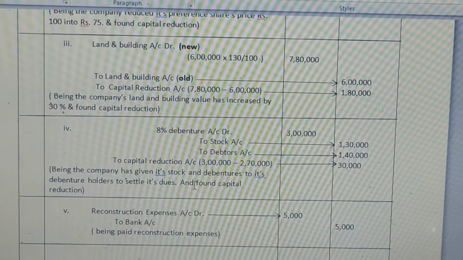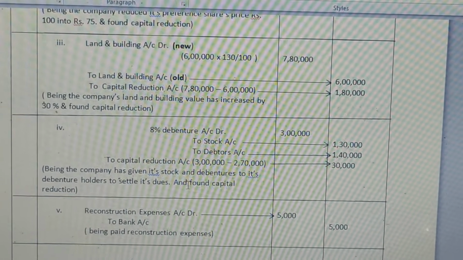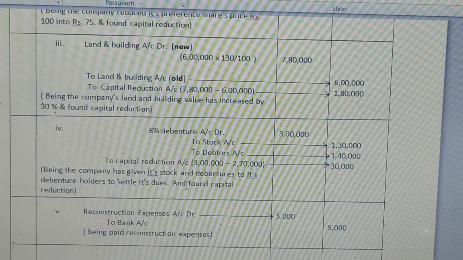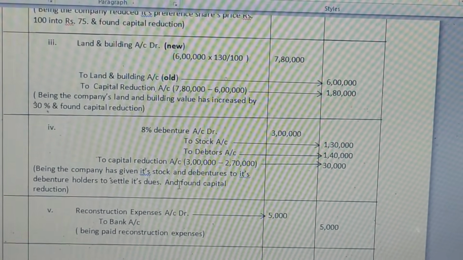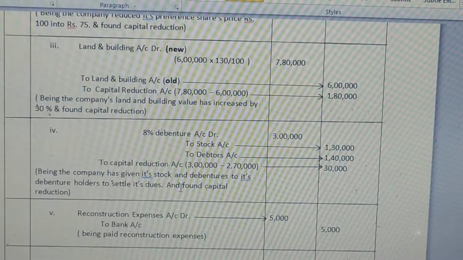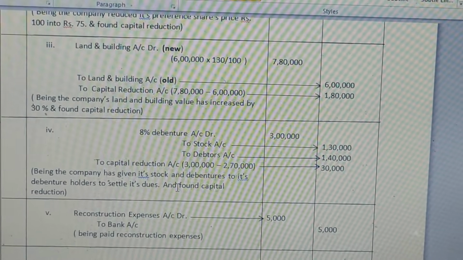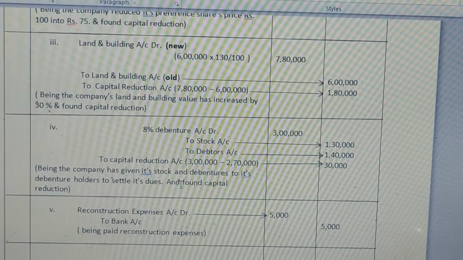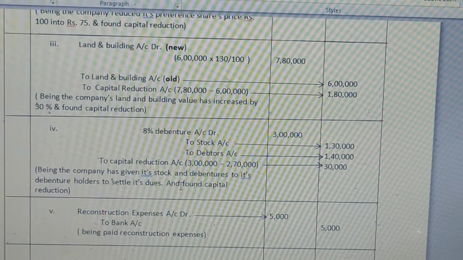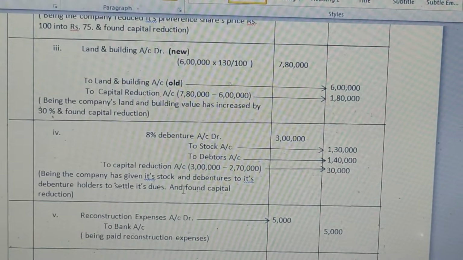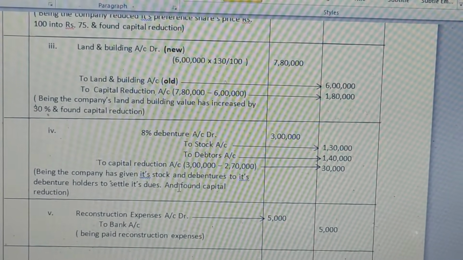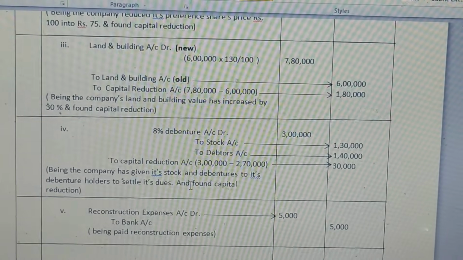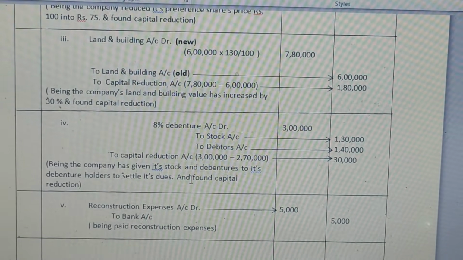And the fourth journal entry, in debit side 8% debentures account data, to stock account creditor 1,30,000, to debtors account creditor 1,40,000. And the difference value is in the credit side, that is 30,000, that is called capital reduction. It means 3 lakhs minus 2,70,000.